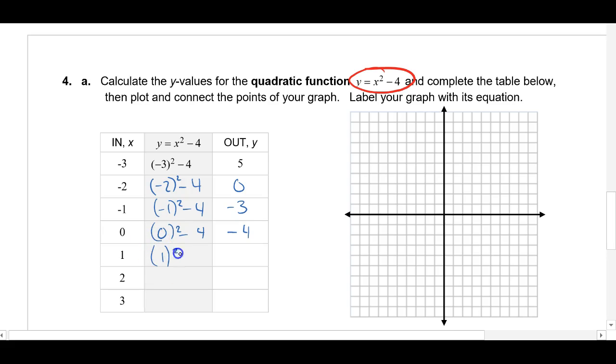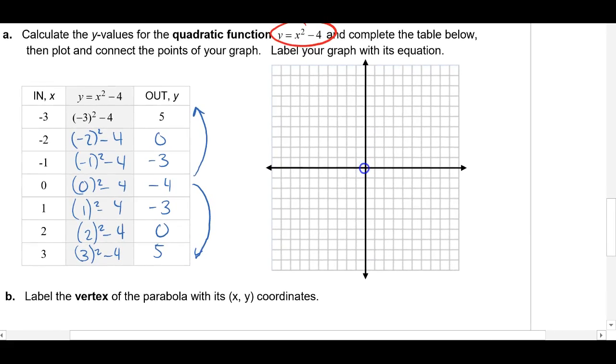So now 1 squared minus 4, 1 squared is 1, minus 4 again is negative 3, and then 2 squared minus 4, 2 squared is 4, minus 4 is 0, just like up here when we plugged in negative 2, and 3 squared minus 4, well that's 9, minus 4 is 5, just like up here when we plugged in negative 3, because it's symmetrical. This side is going to be the same as this side.